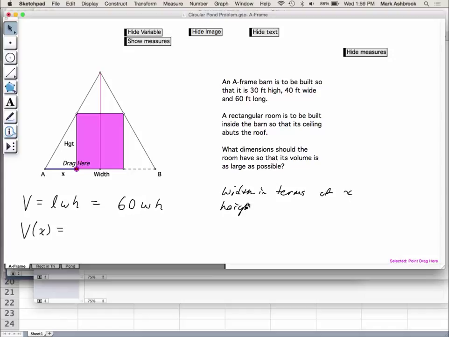Work together. We've got to do some math here, right? Some geometry. How are we going to get the width in terms of x and the height in terms of x? Then we can write our volume as a function of x. Go. Work together.